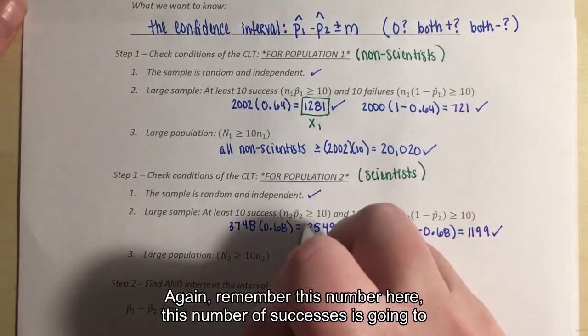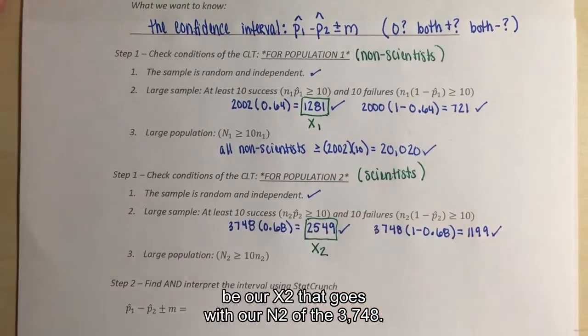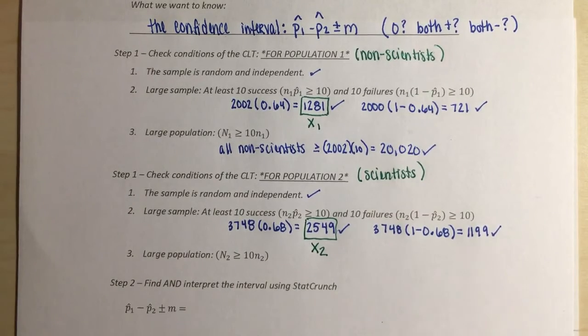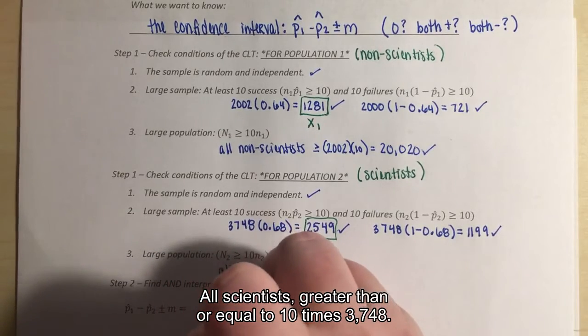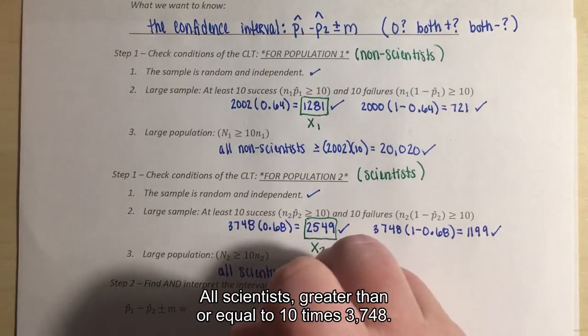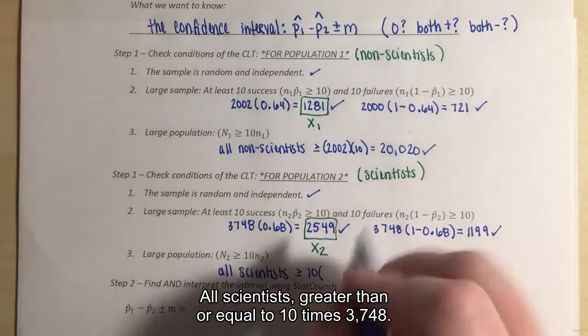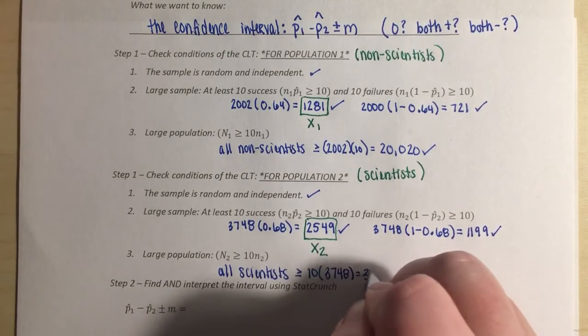Again, remember this number of successes is going to be our x2 that goes with our n2 of the 3,748. Right, all scientists greater than or equal to 10 times 3,748.